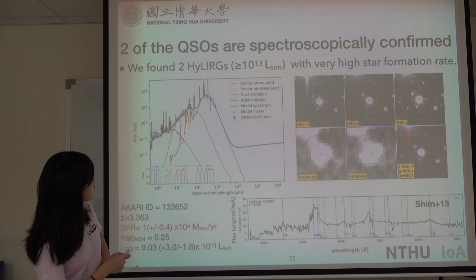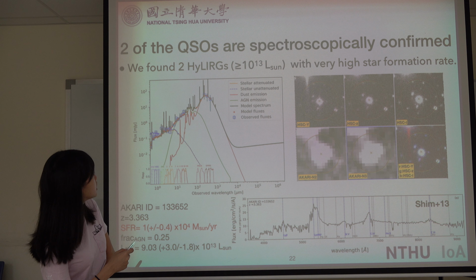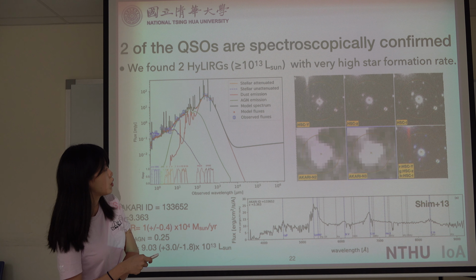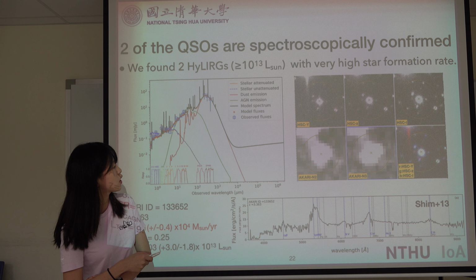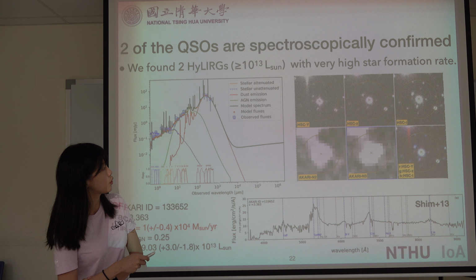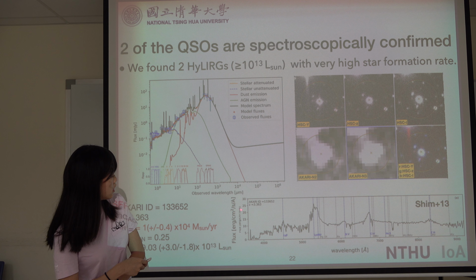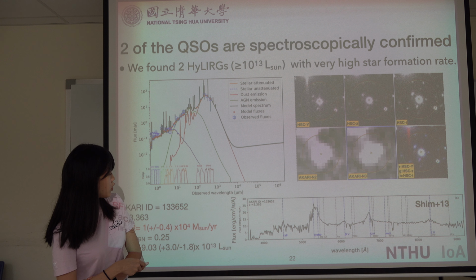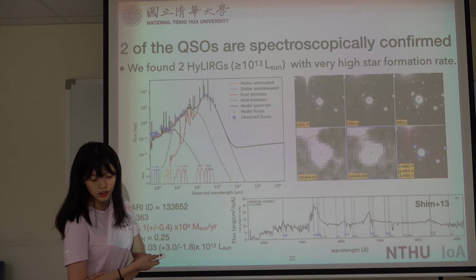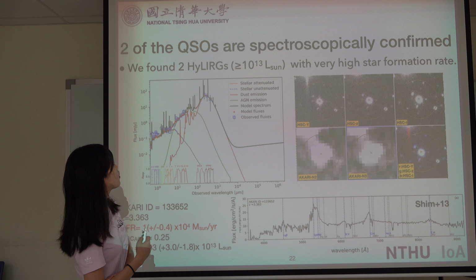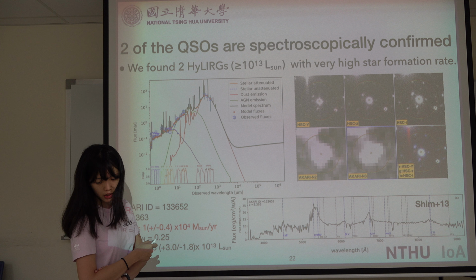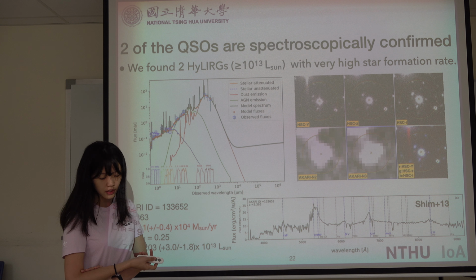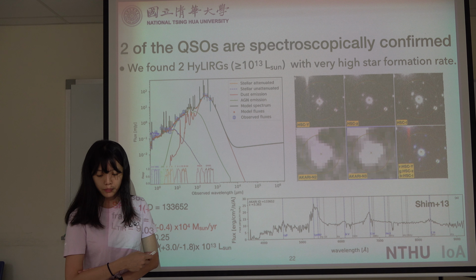So we actually checked the SED of this source, and we found that there is a strong AGN contribution. Also, we checked the optical and near-infrared data. These are their images, and this is the spectrum of this source. So we actually found that this is a quasar, which is spectroscopically confirmed. So yeah, this is the extra finding in this work.